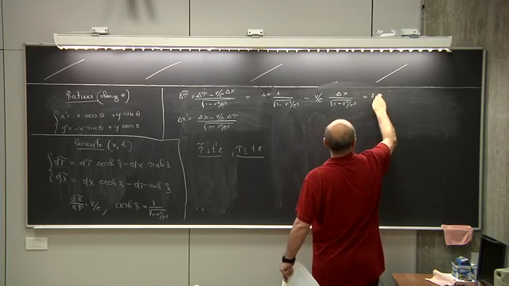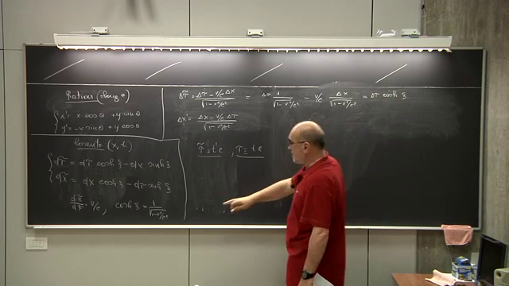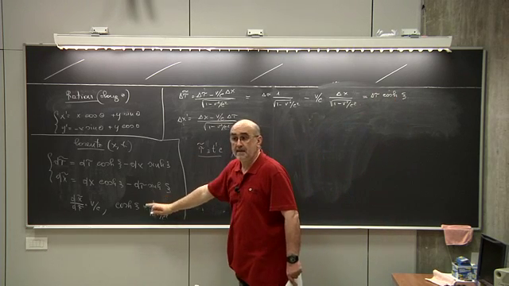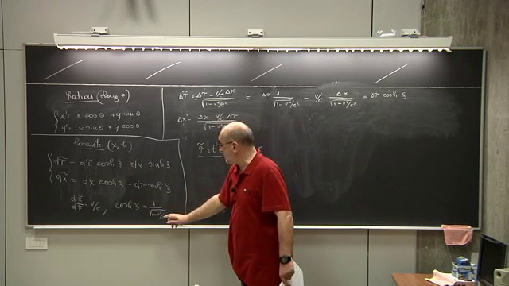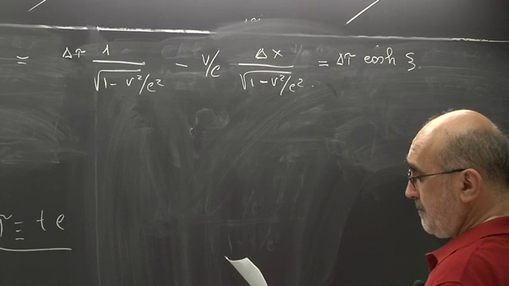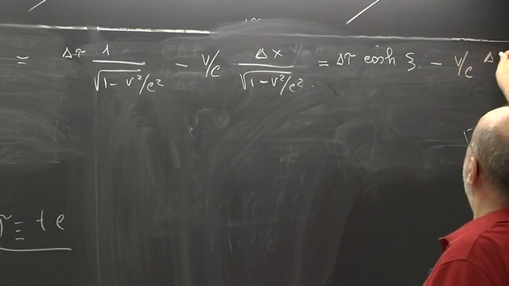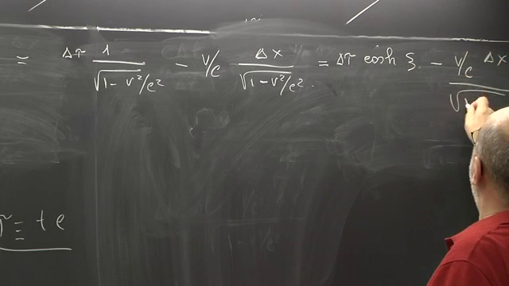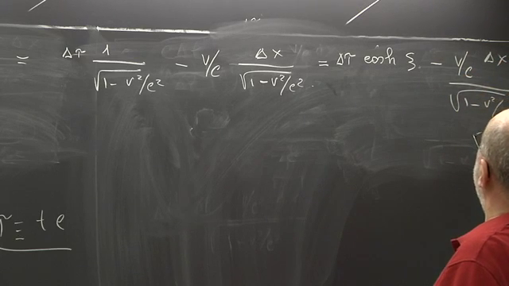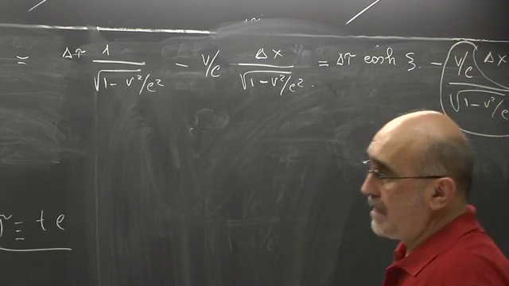But it means delta tau cosine hyperbolic of psi, because cosine hyperbolic of psi is defined in this manner. So psi is a quantity related to this. Then for the moment, we have v/c delta x over the square root of 1 minus v squared over c squared. Now I will show you that this quantity is sine hyperbolic.